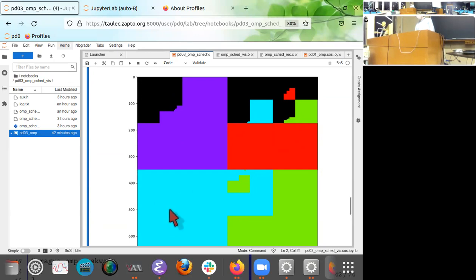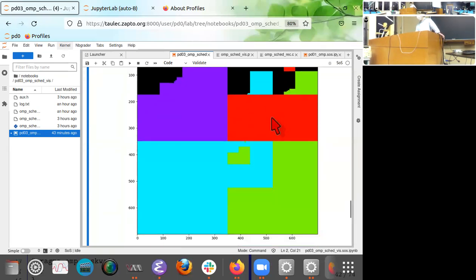So there's almost no communication or coordination happening in this region. But this part is representing much more work than this part. So many threads will get in to help work on this.